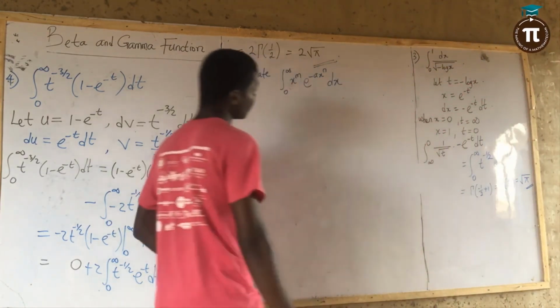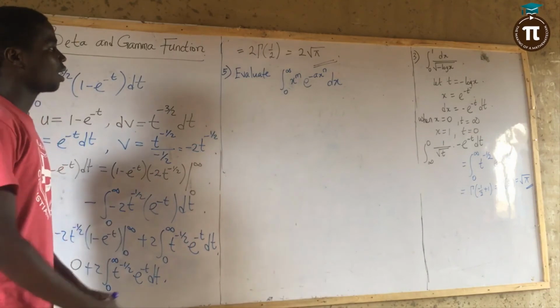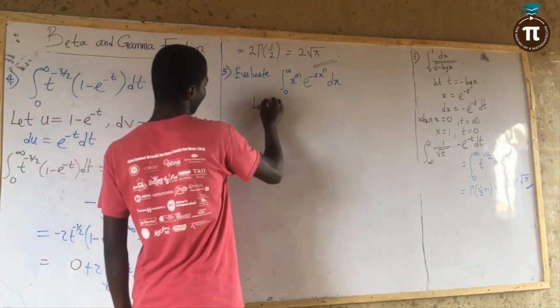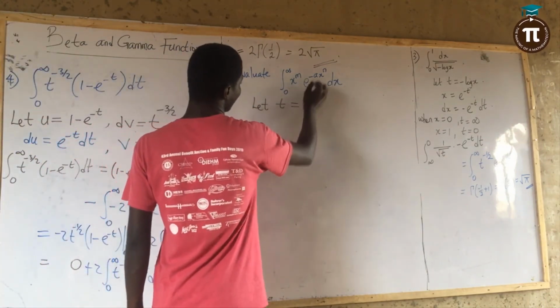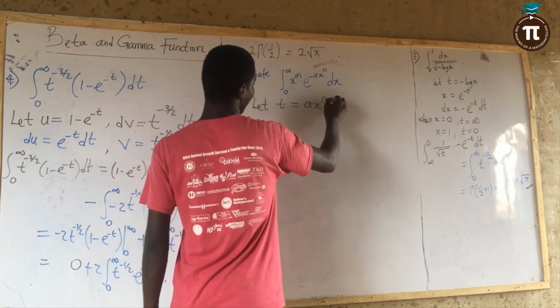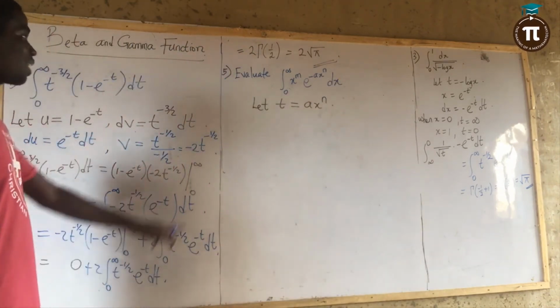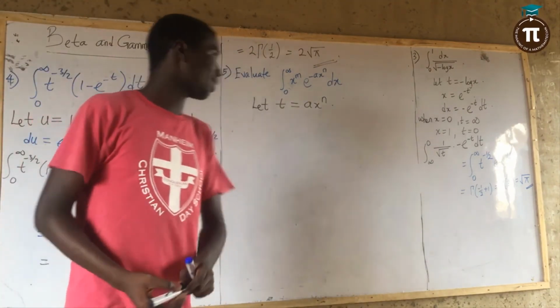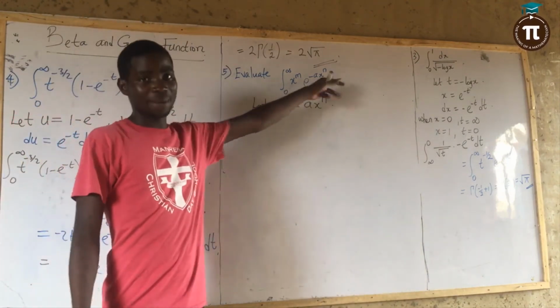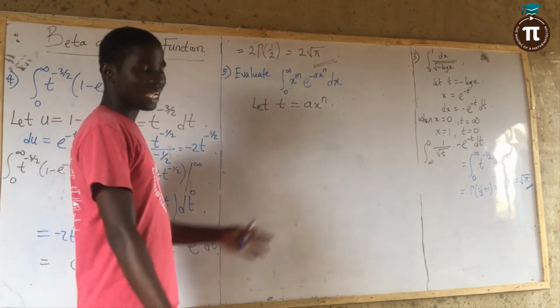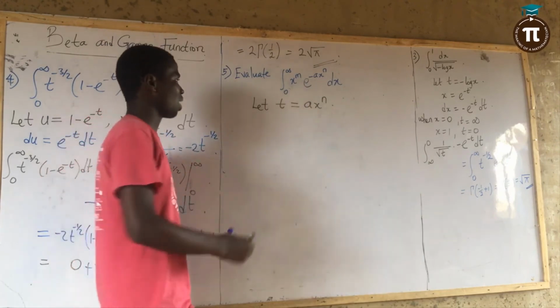So, of course, we can see, let t be a x raised to the power n. You will let t be a x raised to the power n so that you have e raised to the power minus t at the end of the day. Make x the subject of formula.